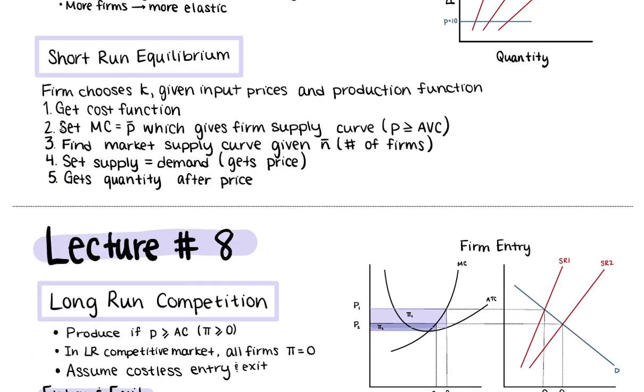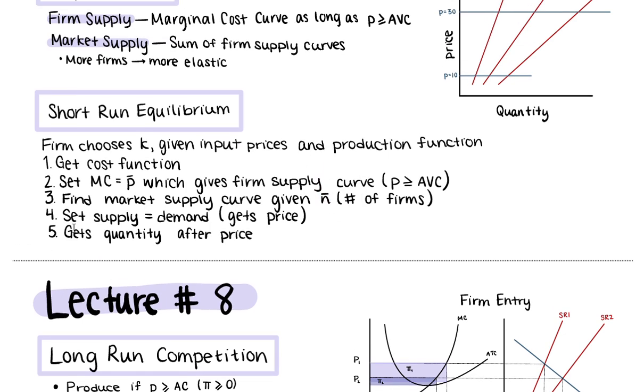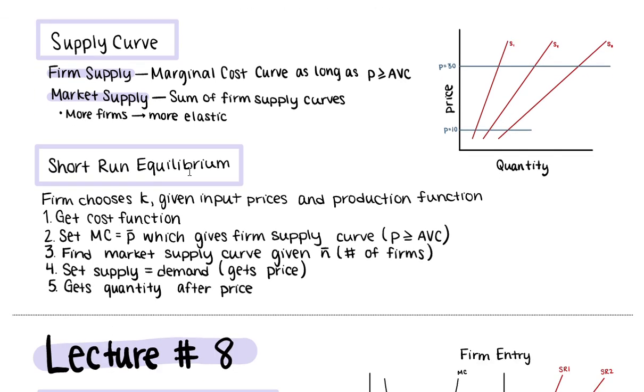So we set marginal cost equal to the price, which gives the firm supply curve, because each firm's supply curve is its marginal cost curve, above the shutdown point where price is greater than average variable cost. Then we find the market supply curve given the number of firms. Set supply equal to demand, get the price, then get the quantity. That's how we find the short run equilibrium of the market.